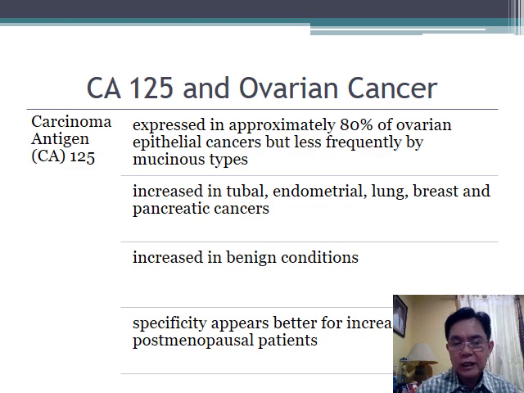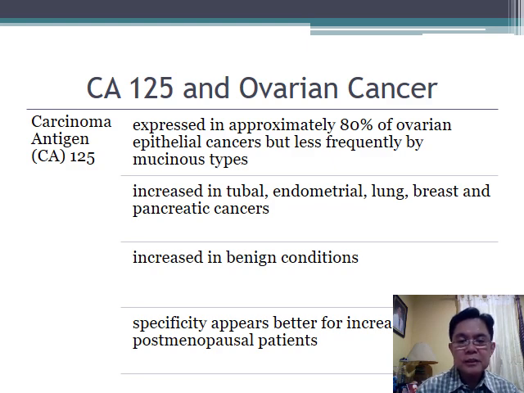But it would not be very helpful if you request it in mucinous tumors. You must also remember that CA125 is also increased in tubal, endometrial, lung, breast, and pancreatic cancers. It may even be increased in benign conditions.